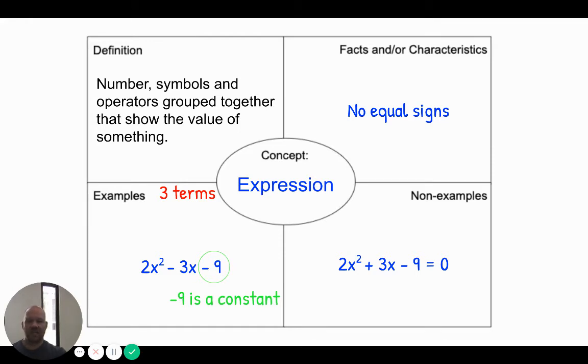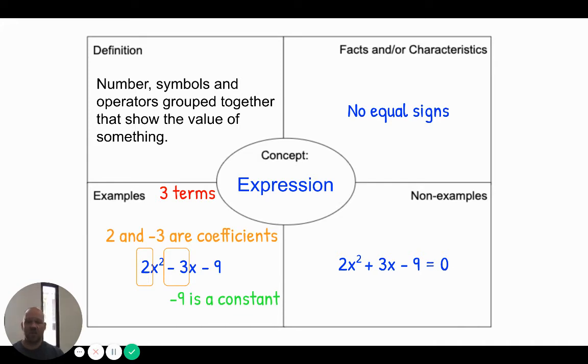And then lastly is the term coefficient. The terms that are not constant, the first 2, have 2 parts to them. They have a number and then they have a variable. In that first term, the number is 2 and the variable is x squared. The number part of that is what we call the coefficient.